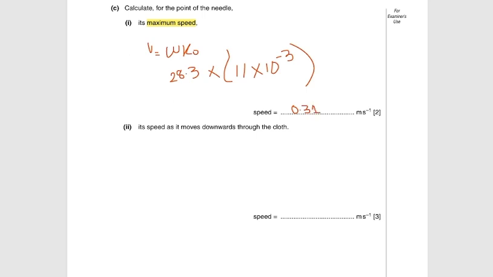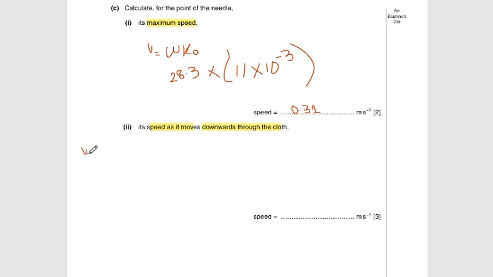And now the second part, its speed as it moves downwards through the cloth. First thing I would want you to do is identify the formula that you will be using. Now it doesn't say maximum speed, so I have two options.